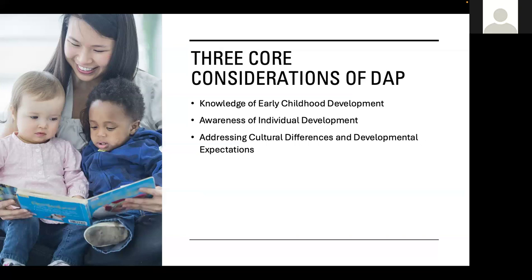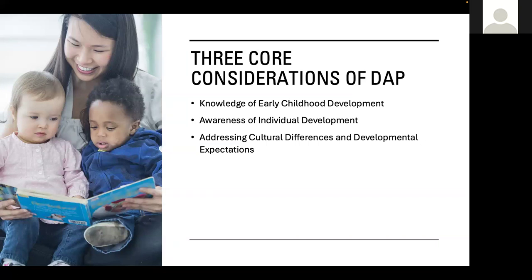So again, that's understanding what is expected at different ages and the idea that all children will develop along the continuum, but maybe at different rates and different stages. So keeping that in the forefront of our understanding when we're planning.